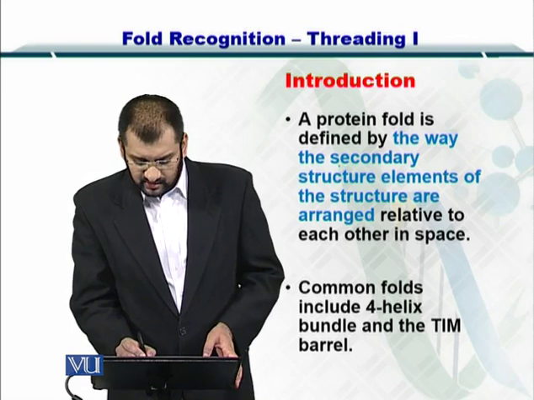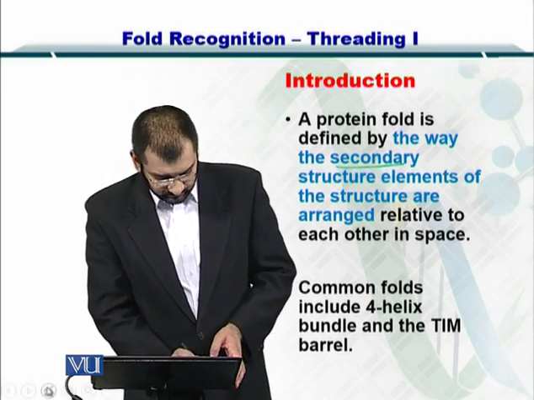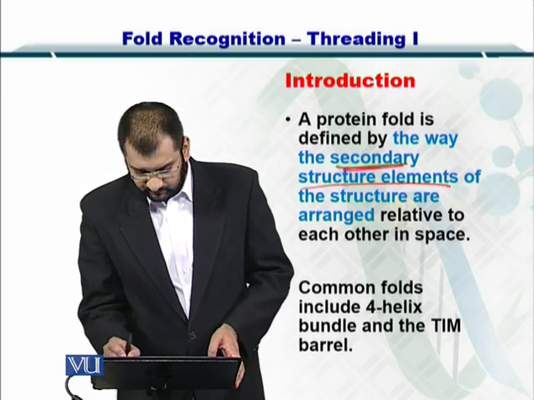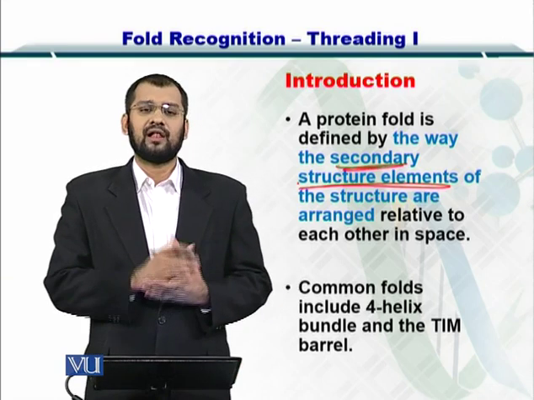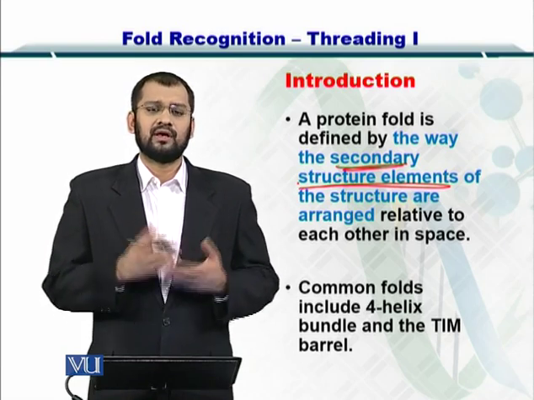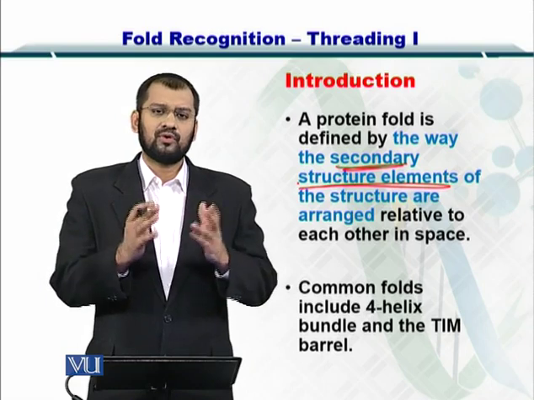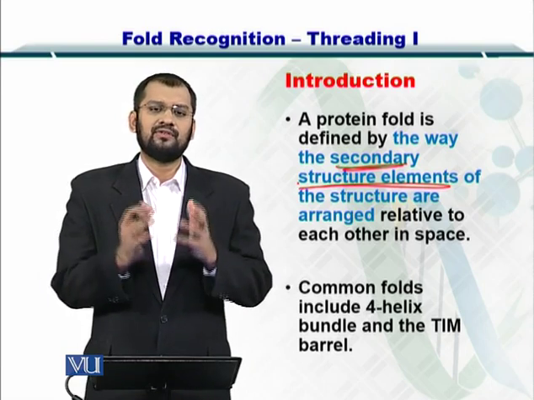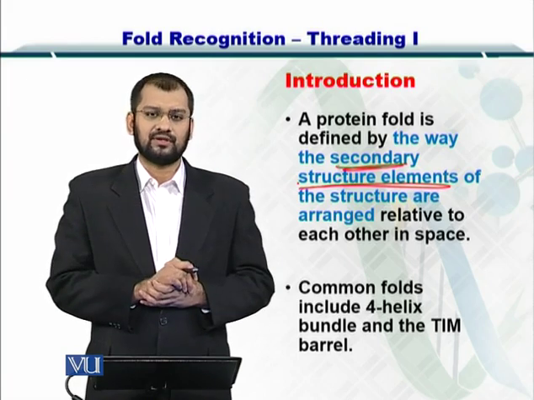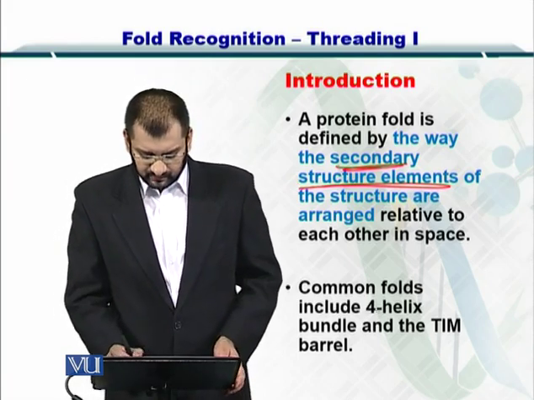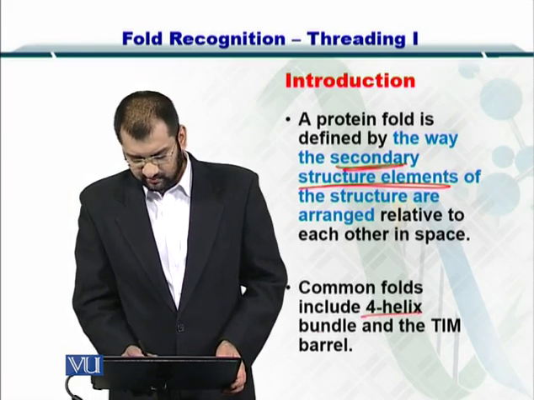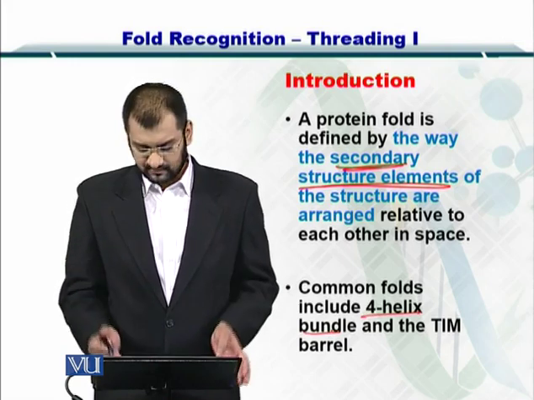The secondary structural elements here include alpha helices, beta sheets, loops, coils, etc. A fold is simply a combination of these secondary structures which comes about as a unit. The common folds, for instance, are the 4-helix bundle, which is the most abundant, and the TIM barrel.